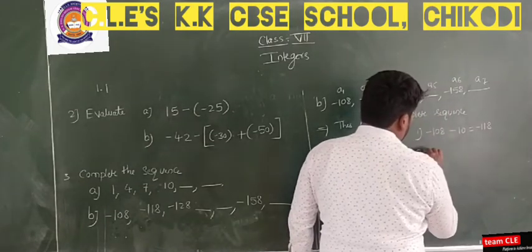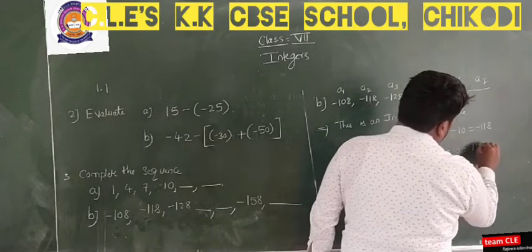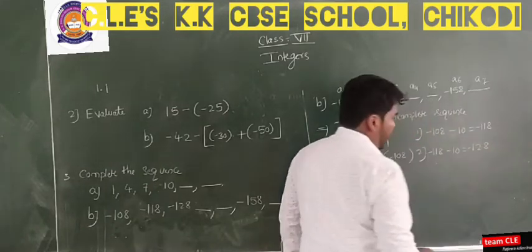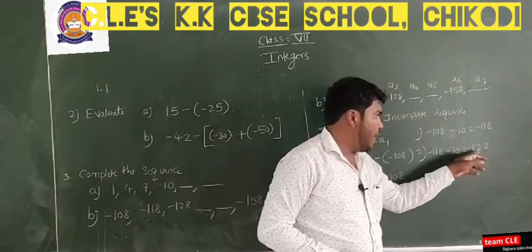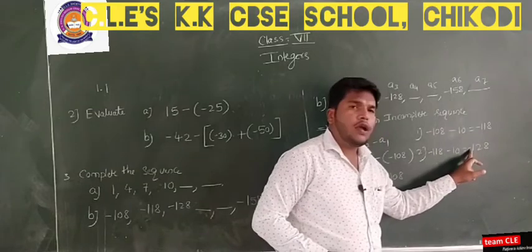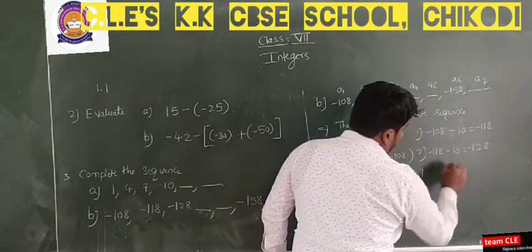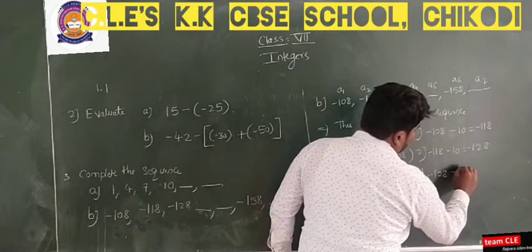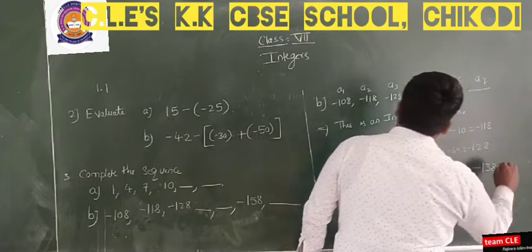Next, minus 118 minus 10 is minus 128. Just go on adding the 10 and keep the minus sign as it is. Now the third one, minus 128 minus 10, is minus 138.